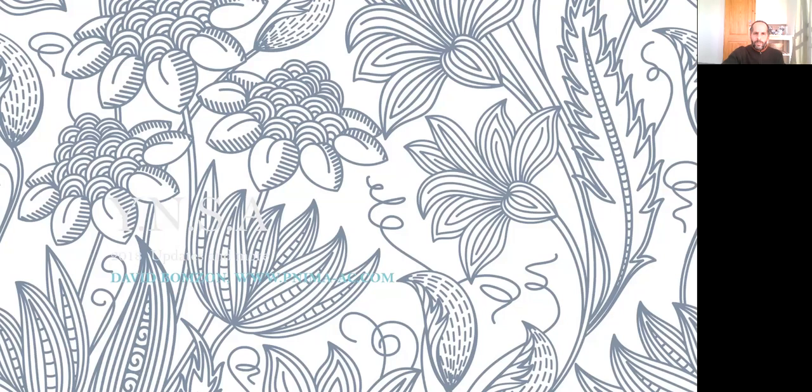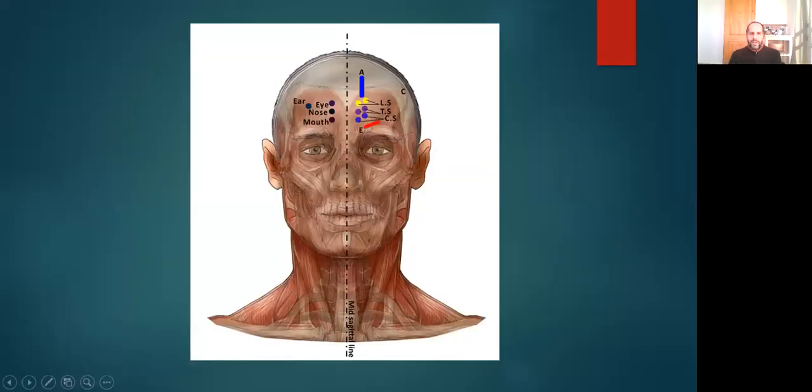So moving to the location of the points. As we can see here, the letters stand for: LS stands for lumbar spine, TS stands for thoracic spine, and CS is cervical spine.